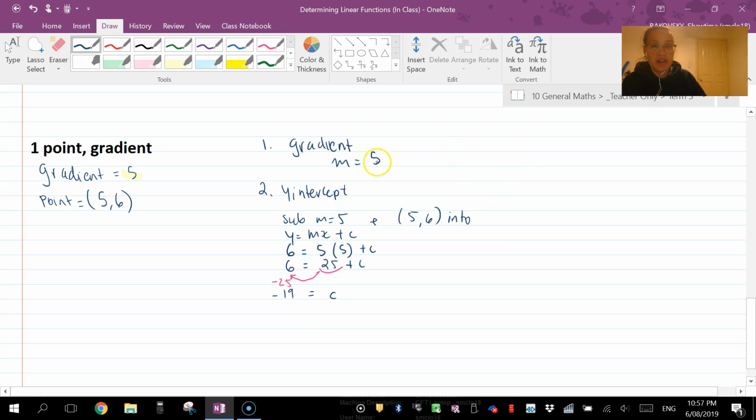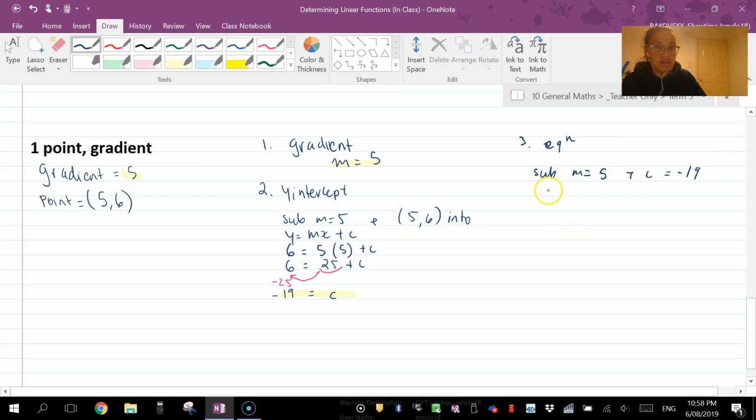So now that we've got our gradient and our y-intercept, we're now going to find our equation. So we substitute m equals 5 and c equals negative 19.